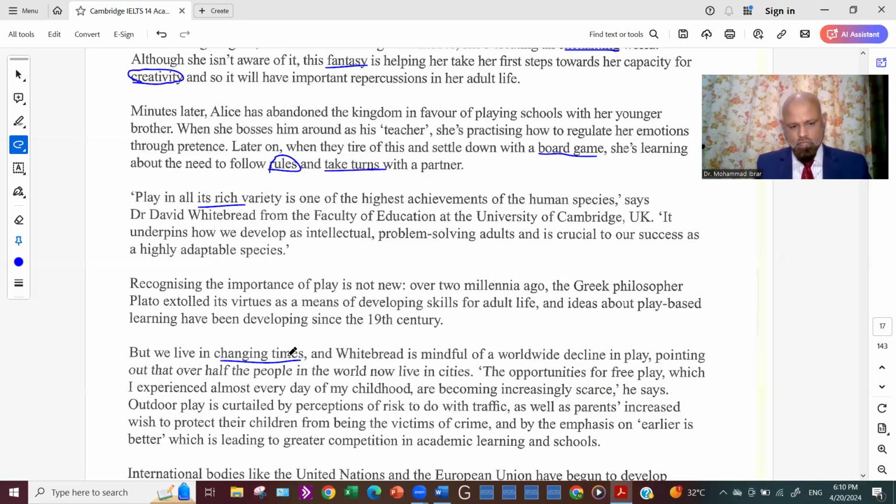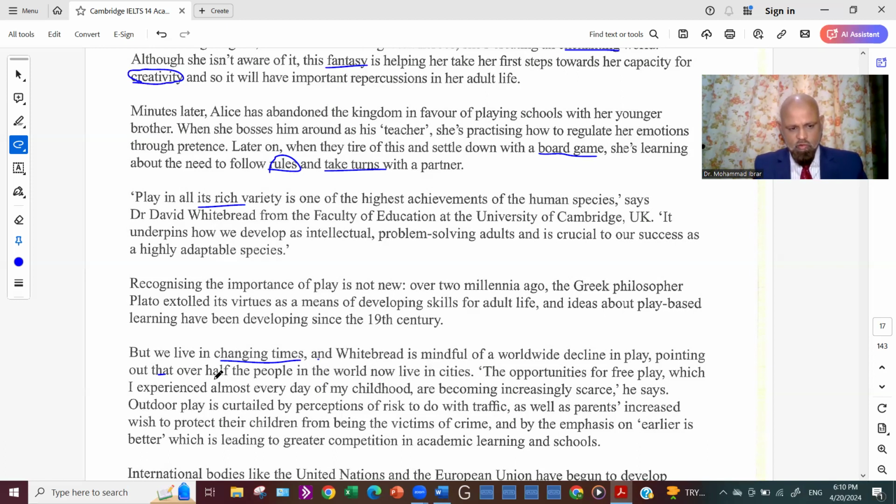So we have got the synonyms of changes. Changing times. White bread is mindful of our and play, pointing out that over half of the people in the world now live in cities. See, so half of the people in the world now live in cities. That means the population of cities is on the increase.